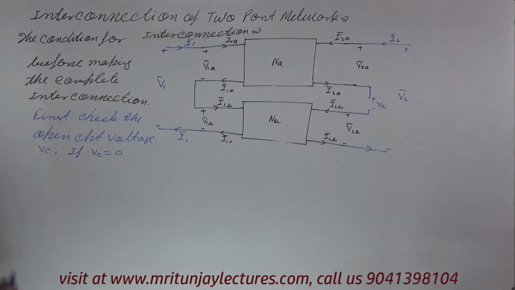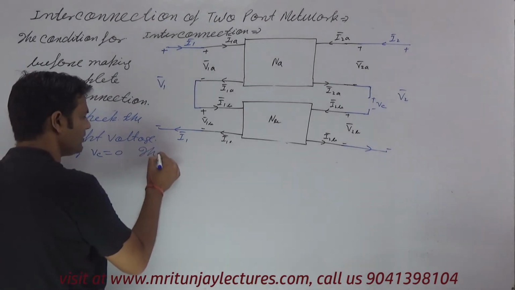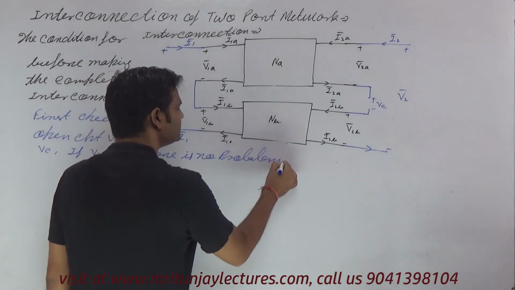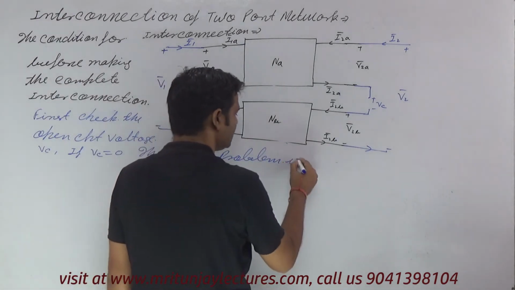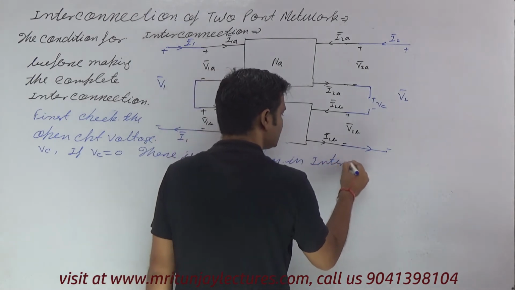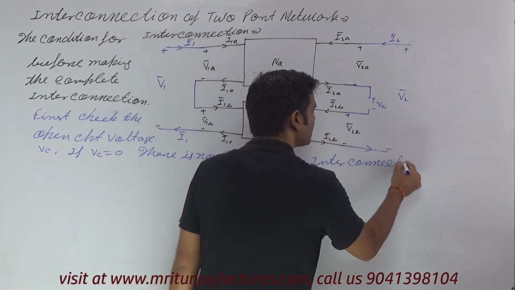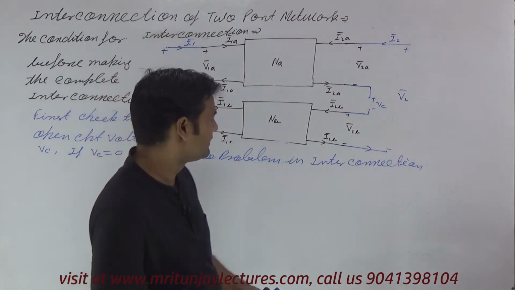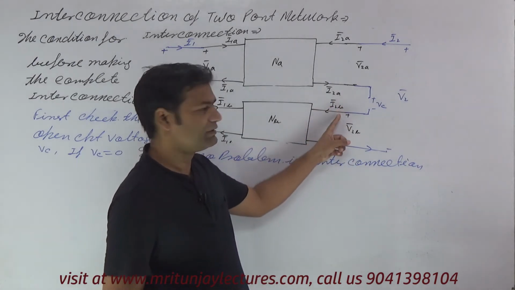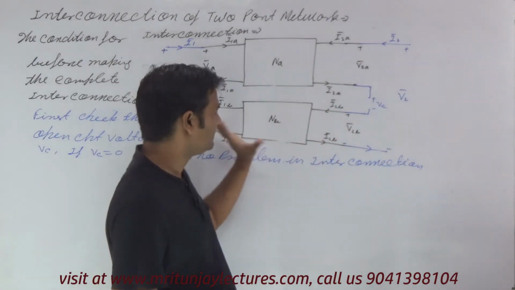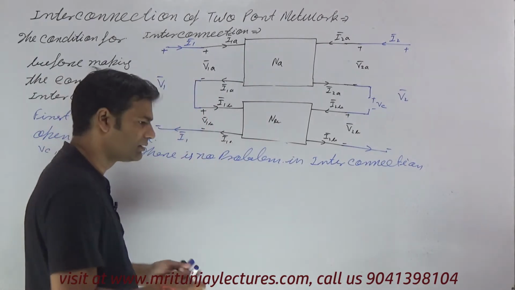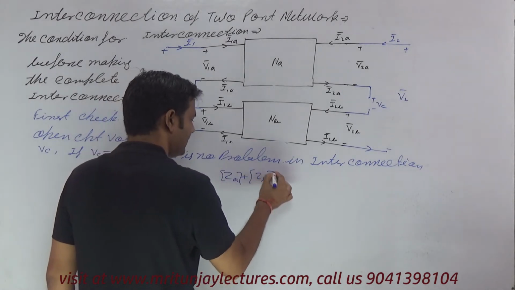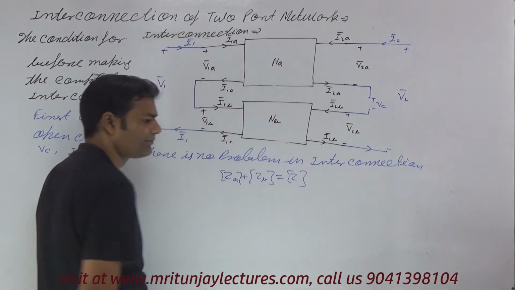If Vc is equal to 0, there is no problem in interconnection, meaning that it is a short circuit. If this one is a short circuit, this current and this current are the same, so we calculate ZA plus ZB, and that is Z overall.